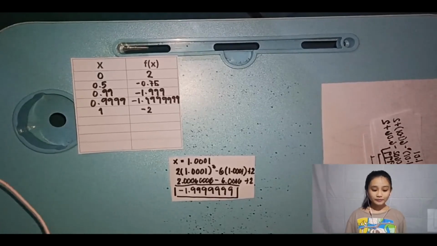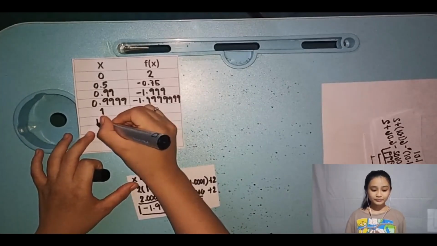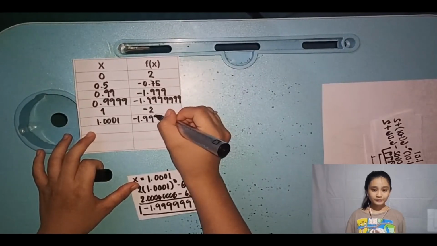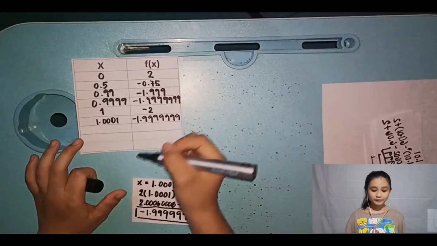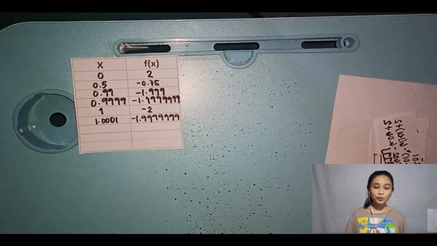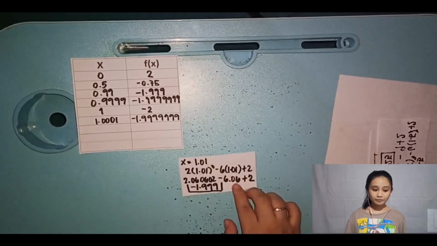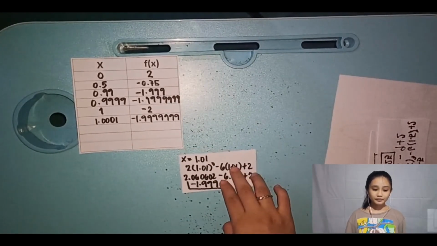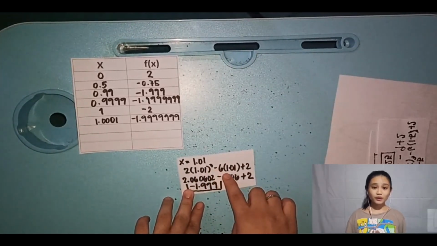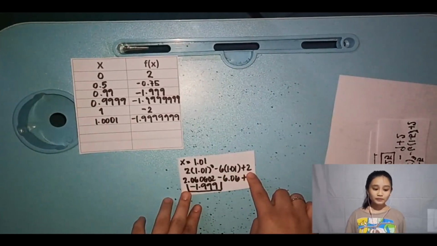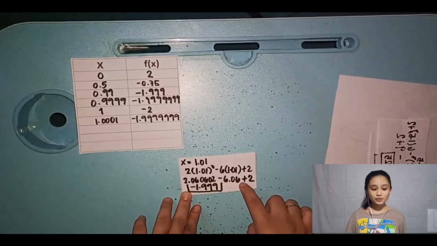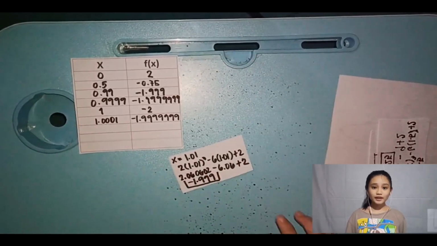Next, let's try x equals 1.01. 2 times 1.01 cubed minus 6 times 1.01 plus 2. 2.060602 minus 6.06 plus 2 equals negative 1.999.